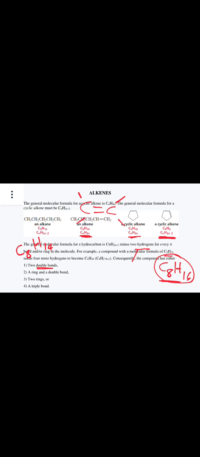But now think like a scientist. If there are 2 hydrogens less than 16, then it means that molecule has 2 double bonds, right? That's the only time you can lose 4 hydrogens. So the molecule has 2 double bonds.